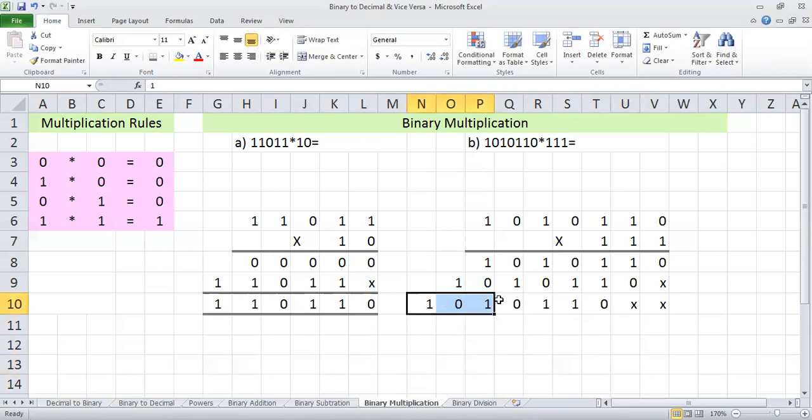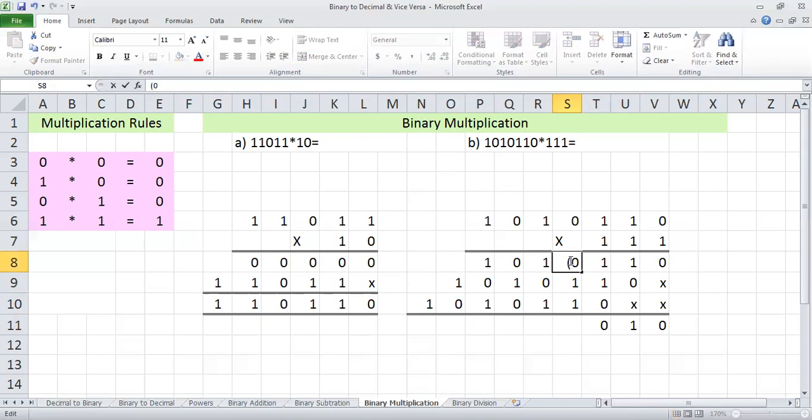Okay, now do the addition. This will be 0. 1 plus 0 is 1. 1 plus 1 is 10. So if it is 10, then you have to put 0 here and 1 will be a carry.